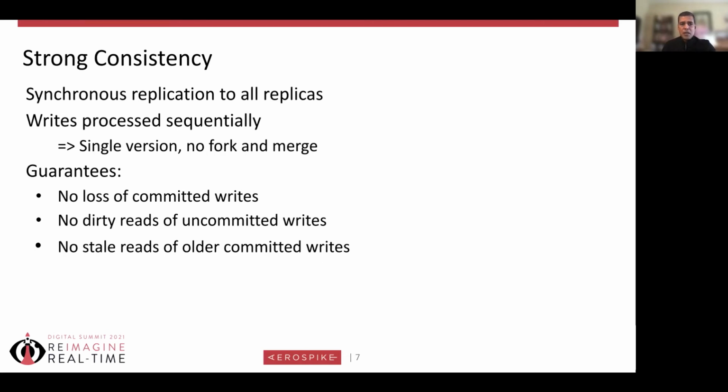So it's been there for a while, but briefly, the guarantees that Aerospike provides through its strong consistency are that there is no lost data, no dirty reads, and no stale reads. And these are very important properties for business transactions.